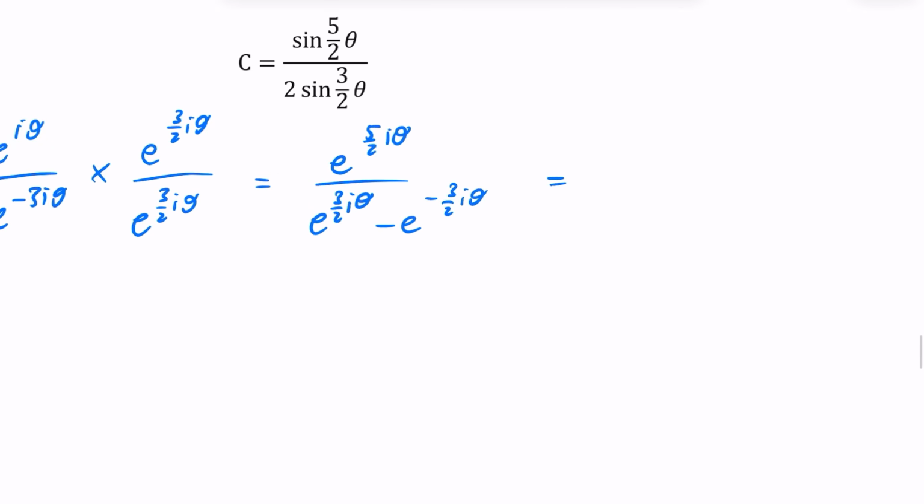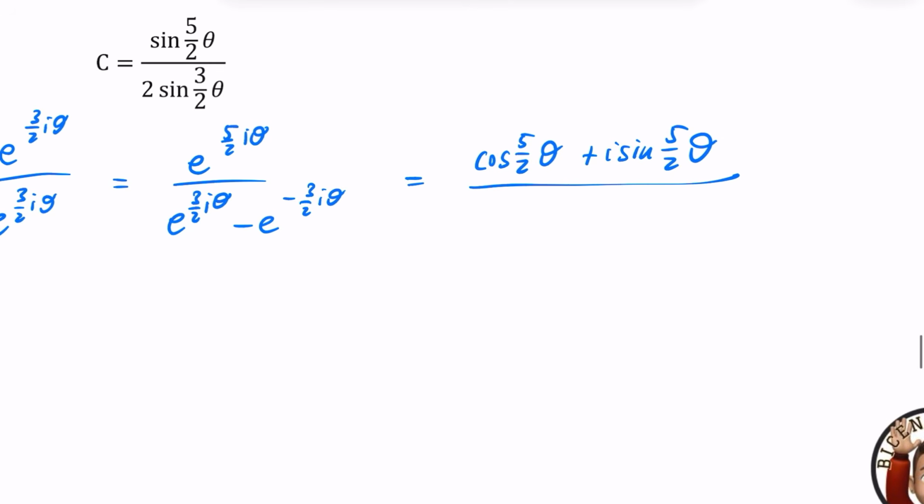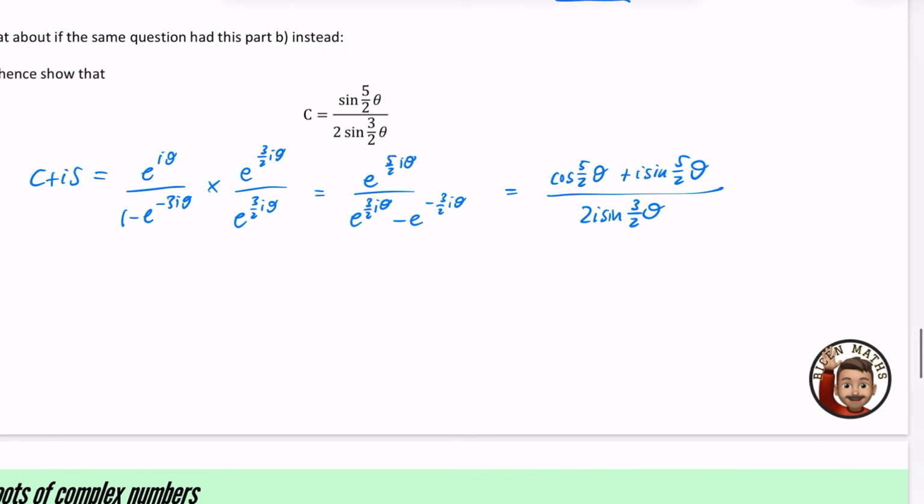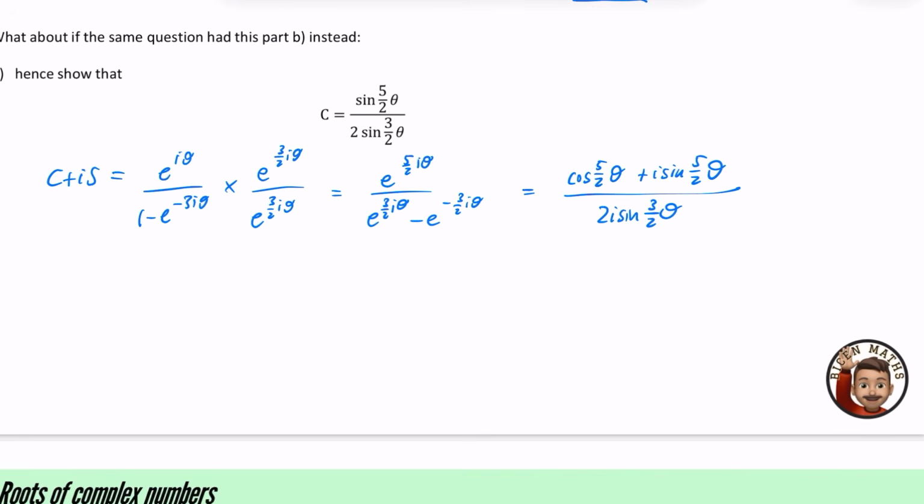So we have, for the numerator, cos(5θ/2) + i sin(5θ/2), all divided by, now that denominator is going to be 2i sin(3θ/2). I think there might be a little typo in the question, so I will have changed it in the PDF. So we are now looking for the imaginary part of this.